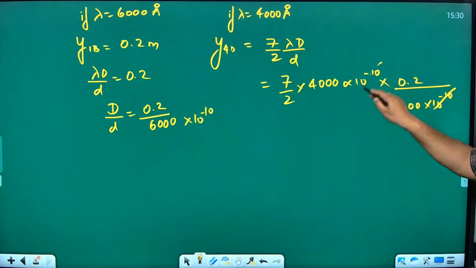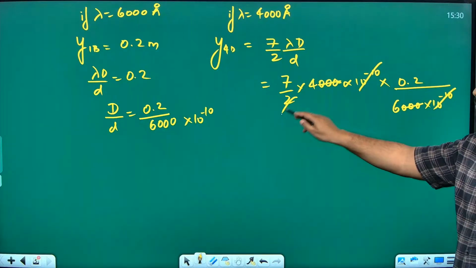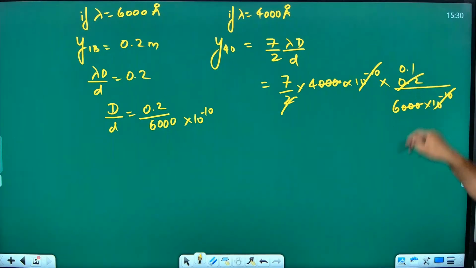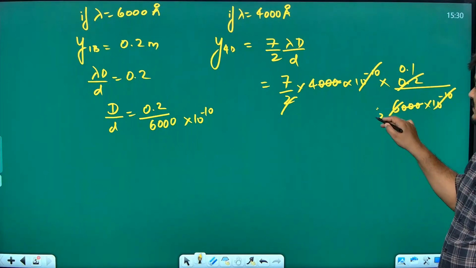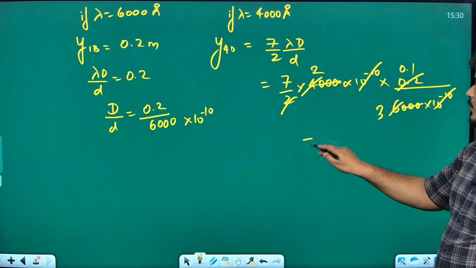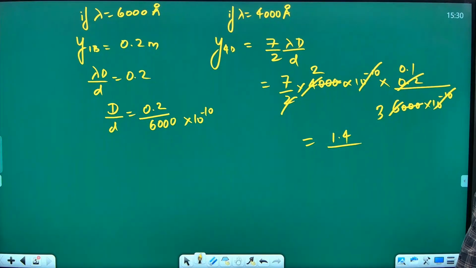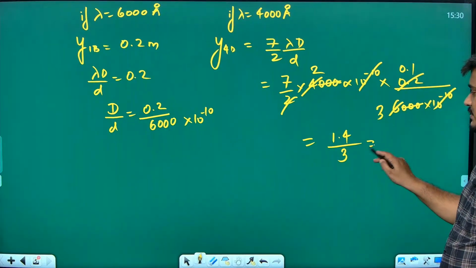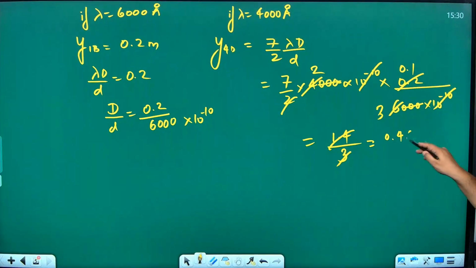The 2 gets cancelled, these 3 zeros get cancelled. 2 becomes 0.1, and this becomes 3. So what you are going to get? 14 into 0.1 is 1.4 divided by 3, whatever comes: 0.466 meters.